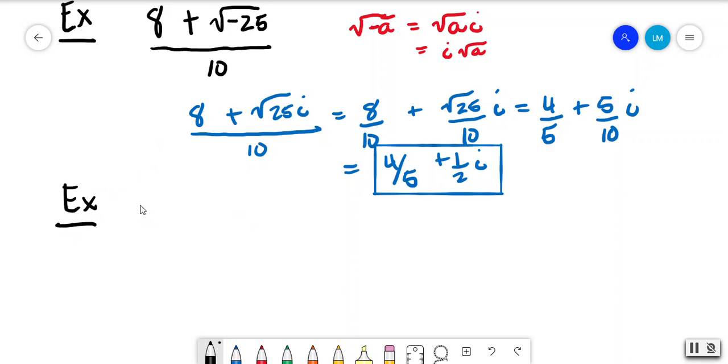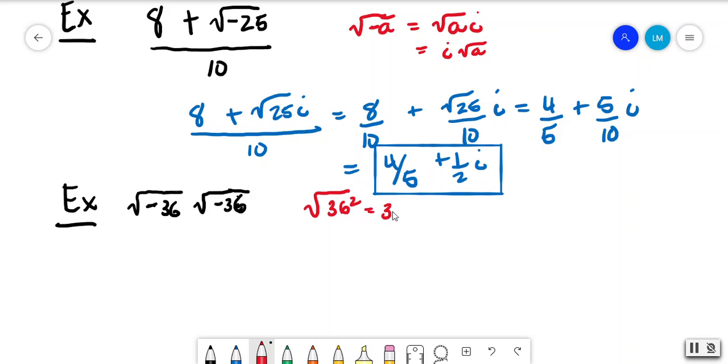Because, for instance, if I was to take negative root 36 and multiply it by negative root 36, then normally I might say, okay, I was taught that same exponents just multiply, so you have the square root of 36 squared, which gives us 36.